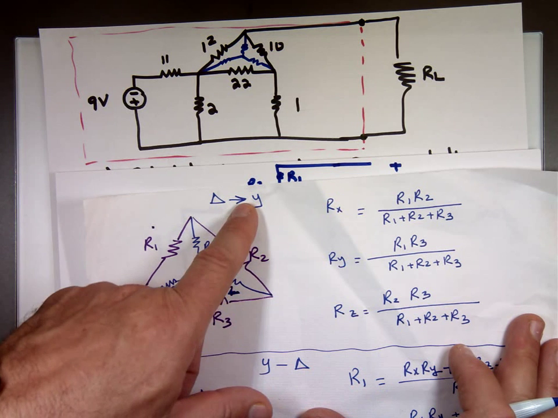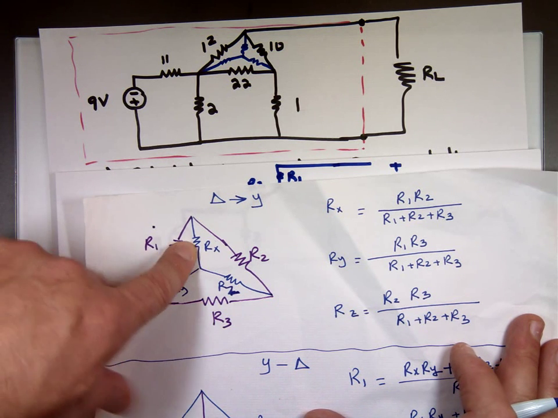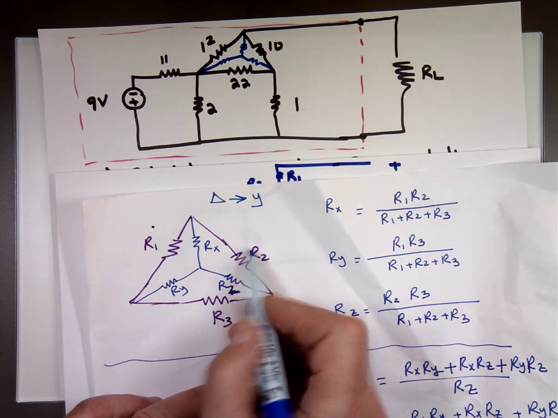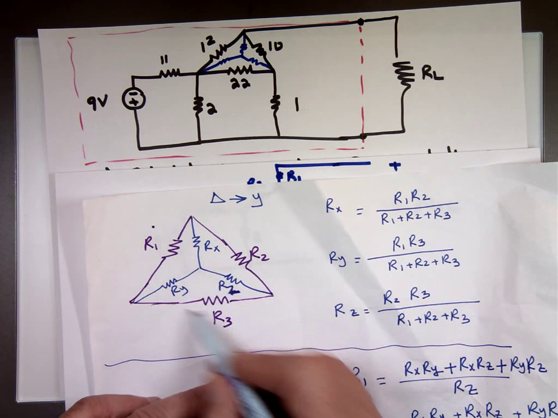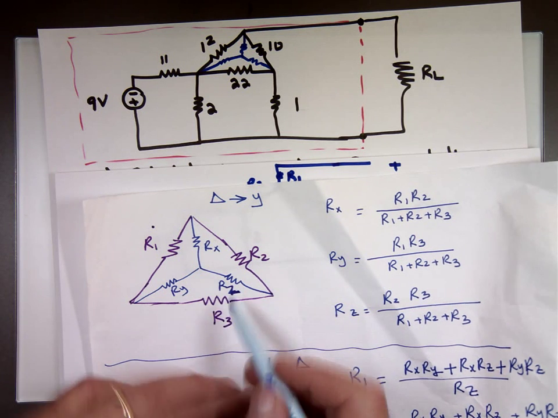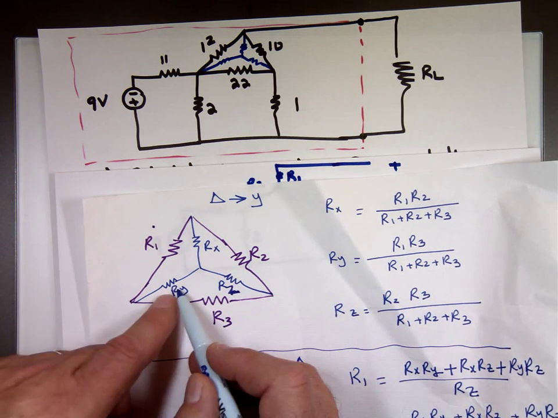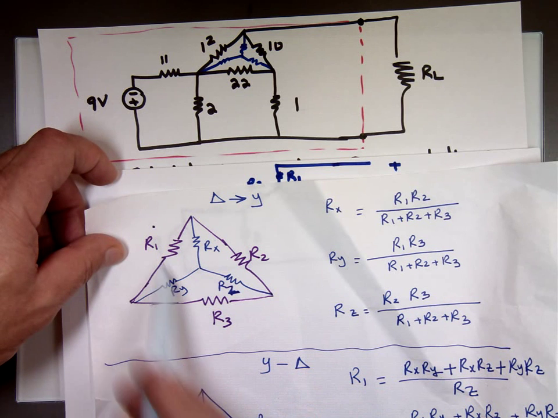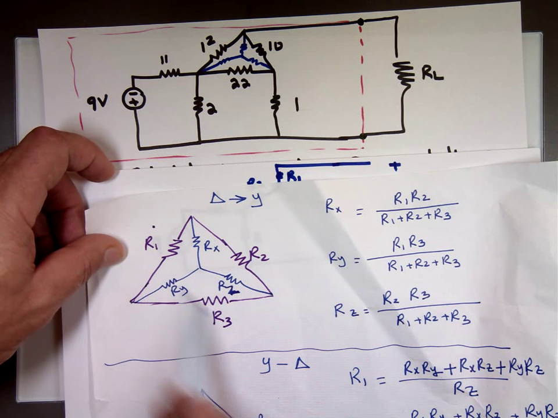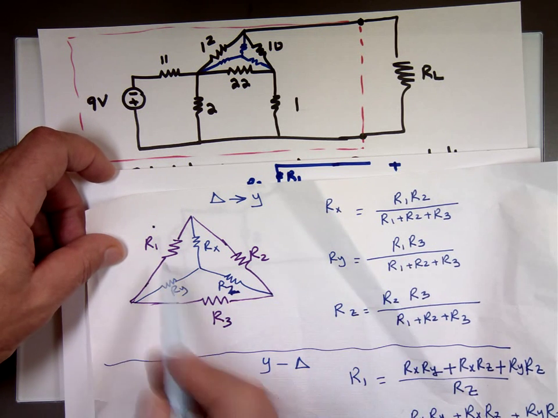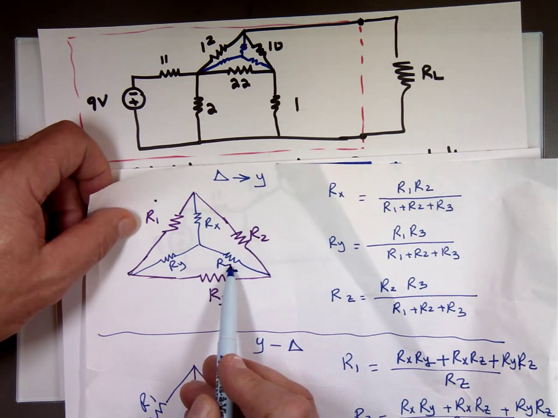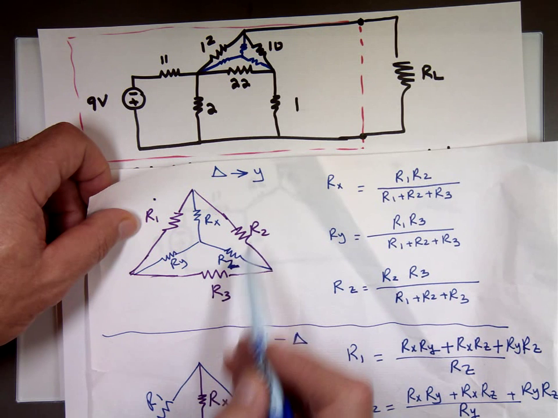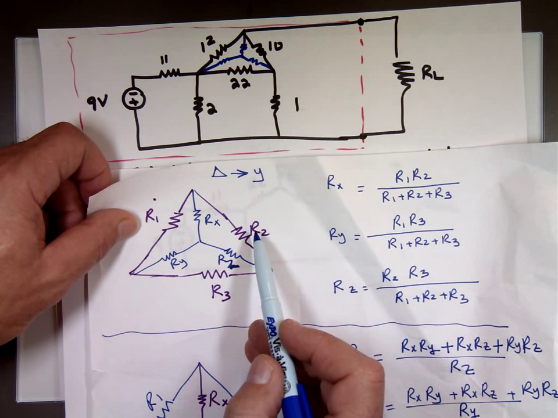And you want to change it to Y, to find this resistor, you multiply the 2 adjacent ones and divide by the sum of them. If you want to find R sub Z, you multiply these 2 and divide by the sum of them.